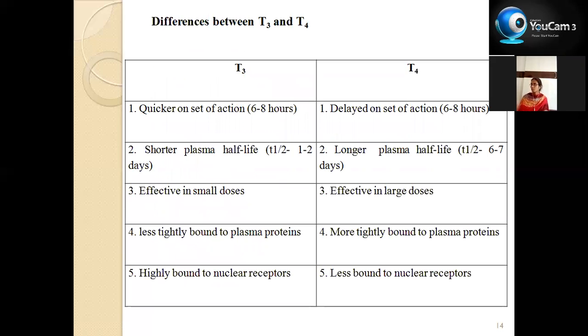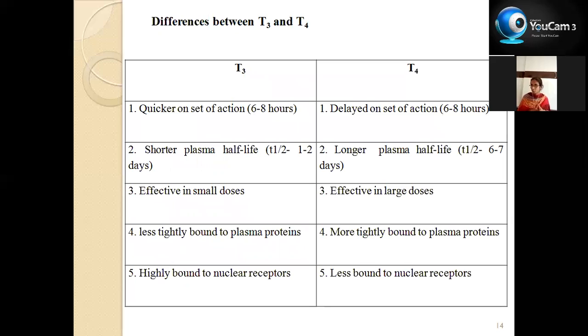So what is the difference between the T3 and the T4? T3 has a quicker onset of action, while T4 has a delayed onset of action of 6 to 8 hours. T3 has a shorter plasma life, while T4 has a longer plasma life.